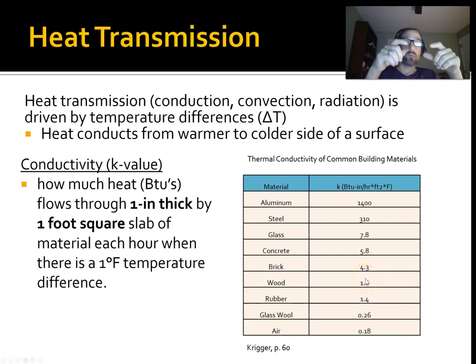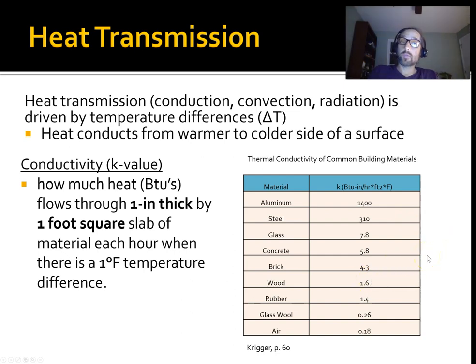So you take 1 square foot of aluminum, 1 inch thick, over the course of 1 hour, you're going to lose 1400 BTUs with a 1 degree delta T. With wood, you take the same square foot, 1 inch thick, same exact size, 1 degree temperature difference, for 1 hour, you're only going to lose 1.6 BTUs. So think about what that means. Aluminum is about 1,000 times as conductive as wood.